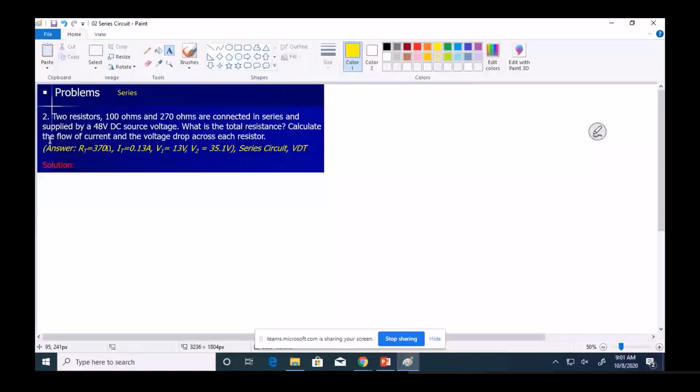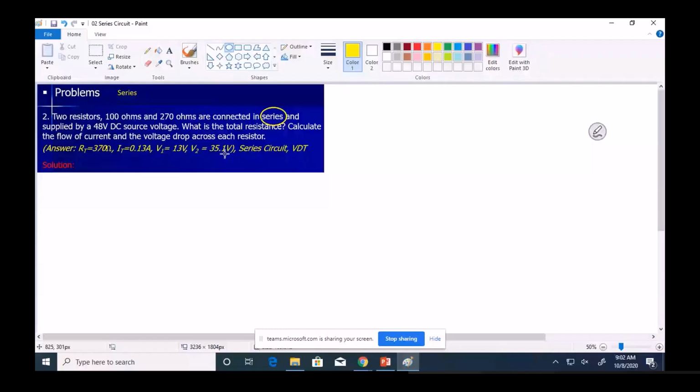Two resistors, 100 ohms and 270 ohms, are connected in series and supplied by a 48 volts DC source voltage. What is the total resistance? Calculate the flow of current and the voltage drop across each resistor.